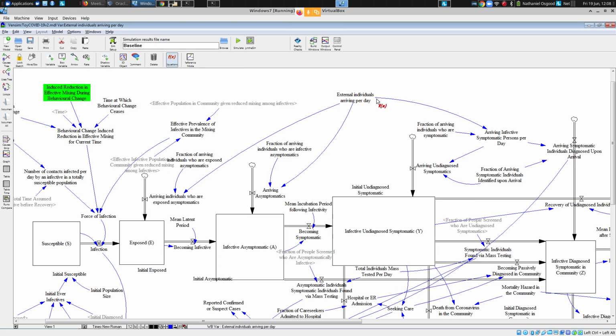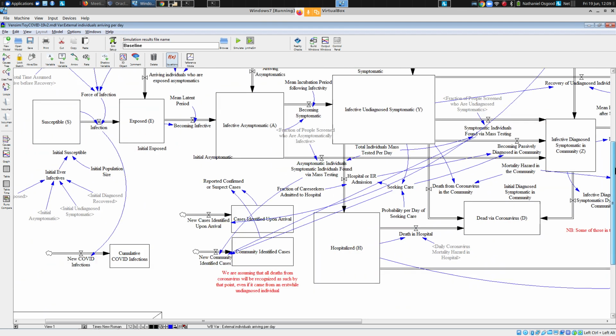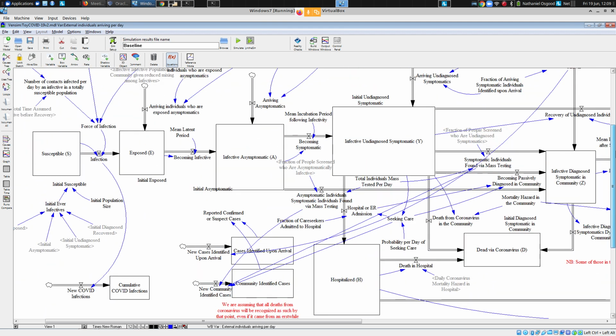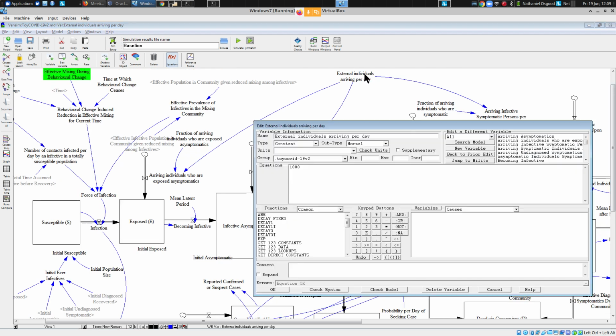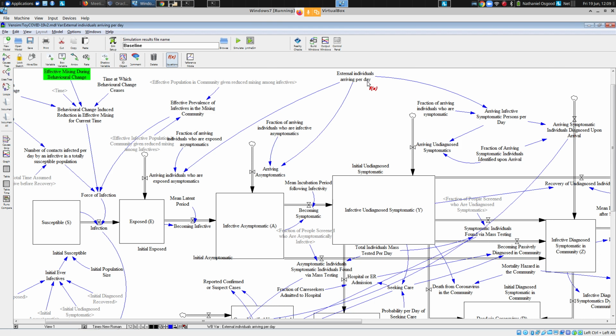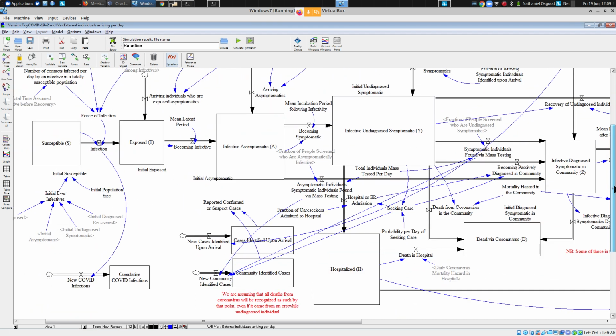But maybe we actually know what the volume was of people coming into Saskatoon on a per day basis for the first bunch of months of this fair year of 2020. In which case we could put it in as a time series that would drive this component of the model, as a pre-specified input to this model.